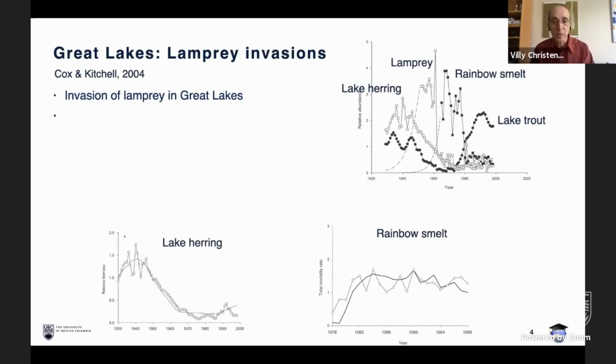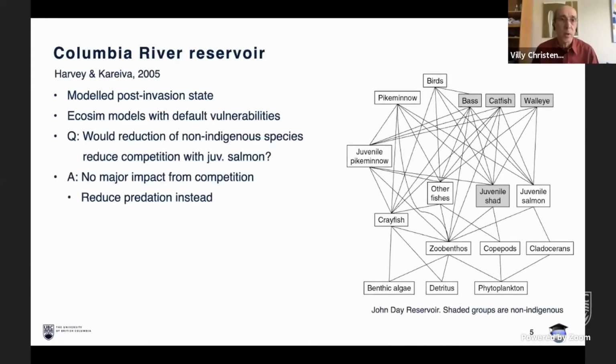They could make a nice fit to time series. Something similar in the Columbia River Reservoir in this 2005 paper. It was again modeling the post-invasion state and asked questions such as, would reduction of these non-indigenous species compete with the juvenile salmon? One of the major concerns in this.